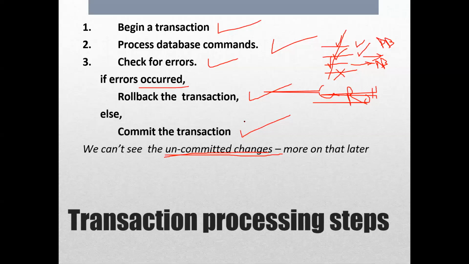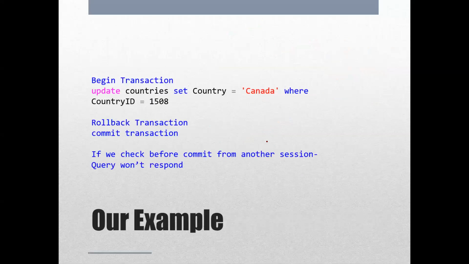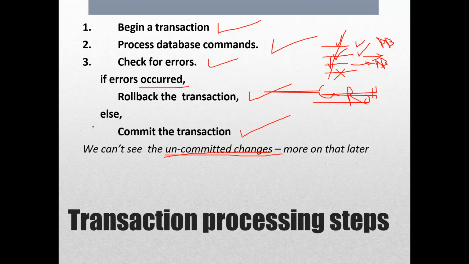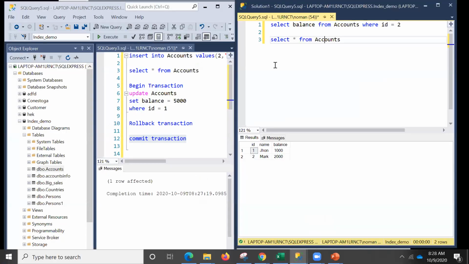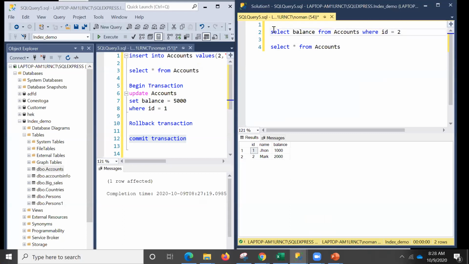Again, let me run more examples. Maybe something is going wrong with my setup. One of the things I can do, and this will give us another thing as well, is that we can set transaction isolation level read uncommitted.